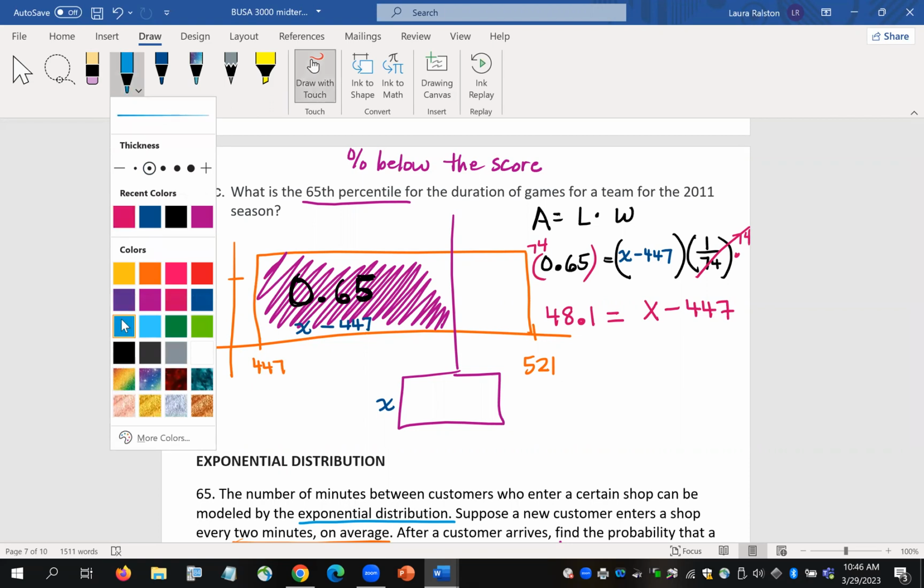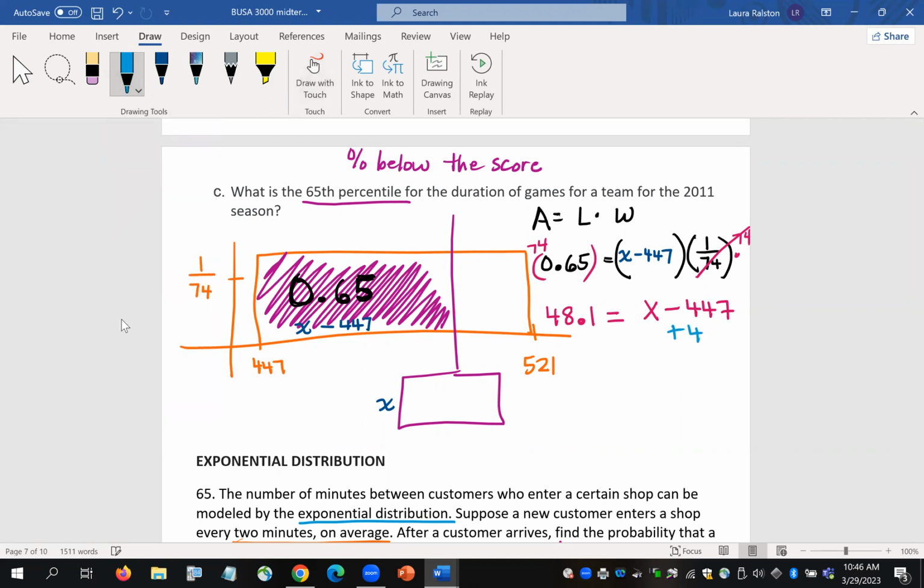Then I'm going to add 447 to either side. So 447 plus 48.1 is 495.1. So 65% of the time, the ball games lasted roughly 495.1 hours.